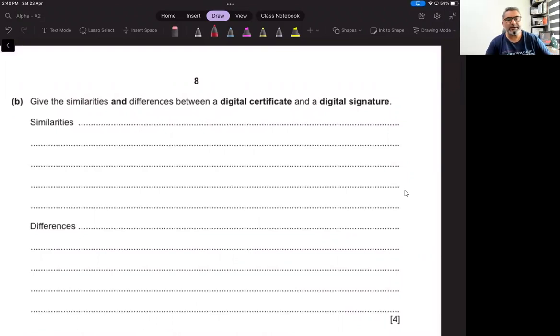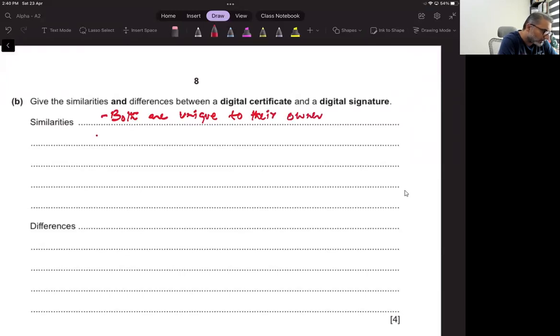Give the similarities and differences between digital certificates and digital signatures. The similarities are: both are unique to their owner.